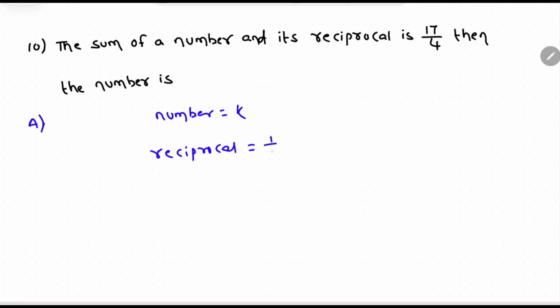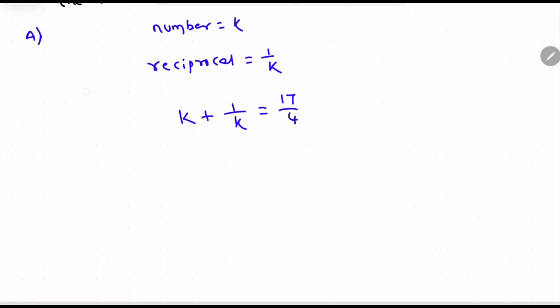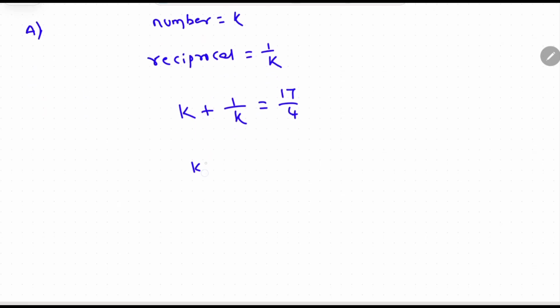So by the problem, the sum of these two will be k plus 1 by k equals 17 by 4.